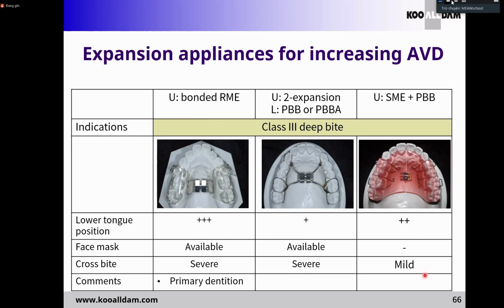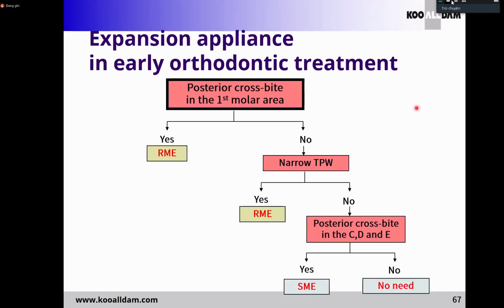However, in mild posterior crossbite cases, we may use SME or PBB. In Myo, compared to other techniques, we need to use expansion appliances less.